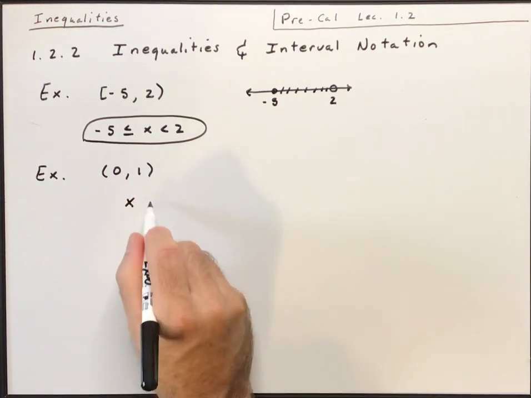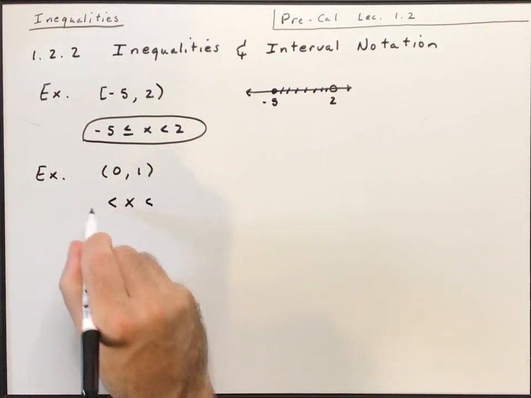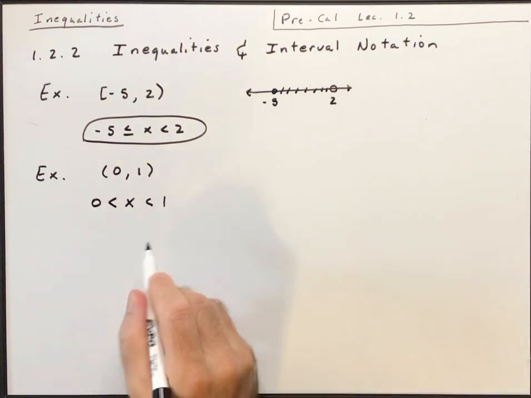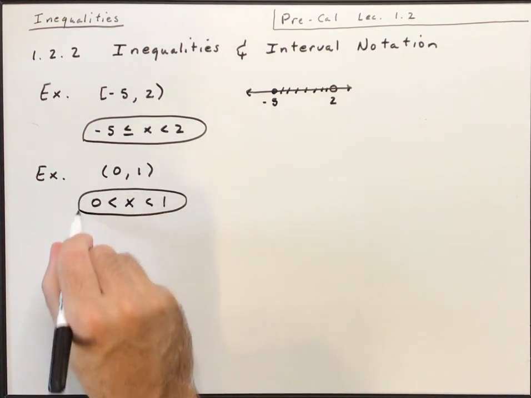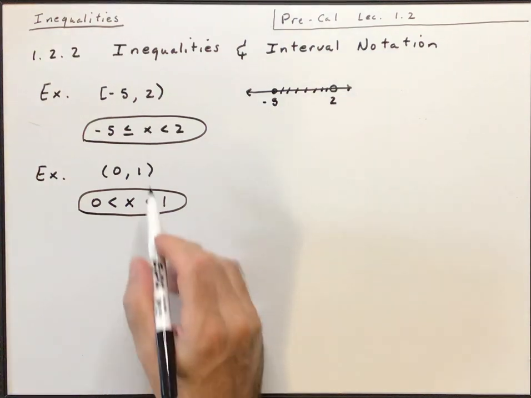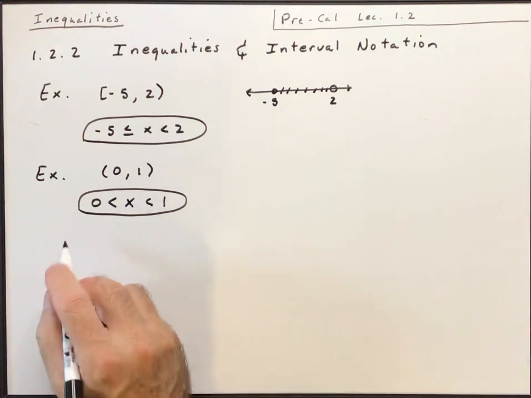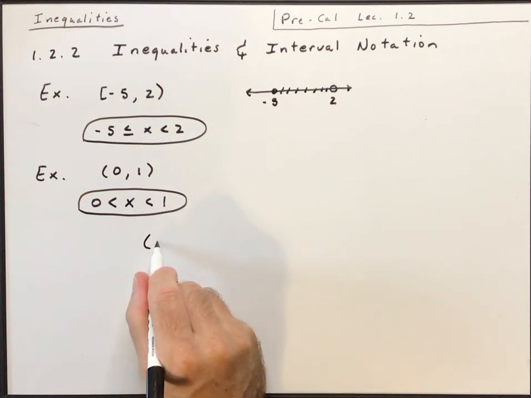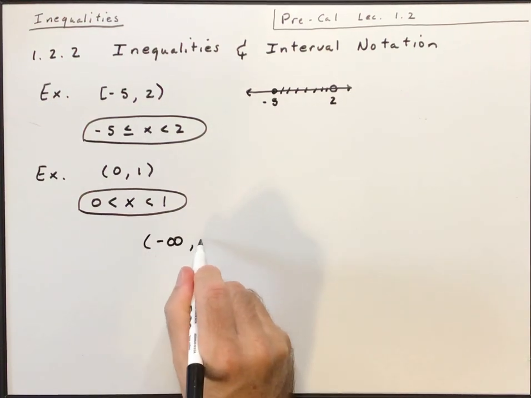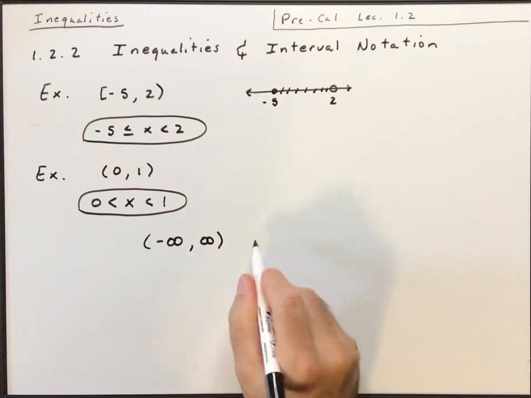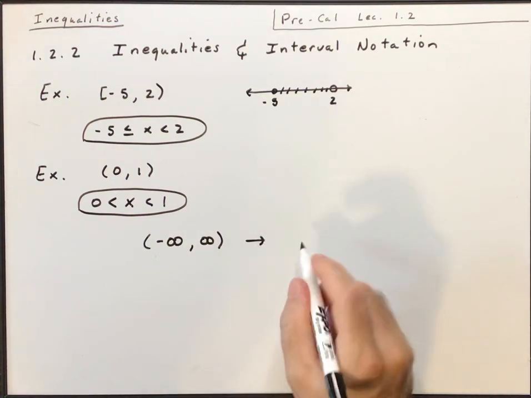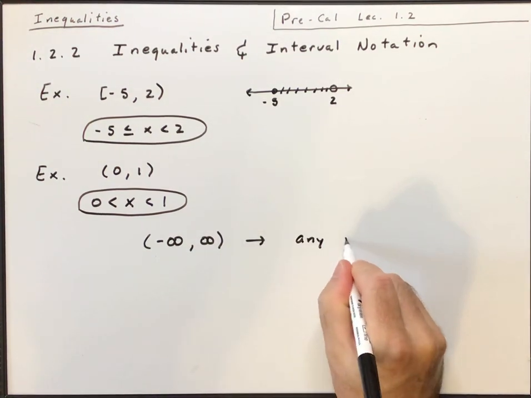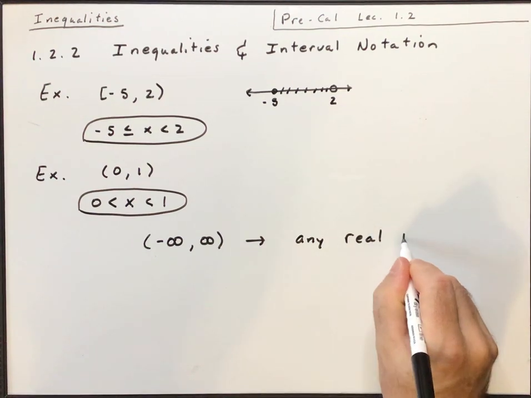And it's both parentheses, so they're both going to be less than, 0 to 1. Okay, both parentheses, both less than. Now, if you ever see this, negative infinity to infinity, that means any real number.